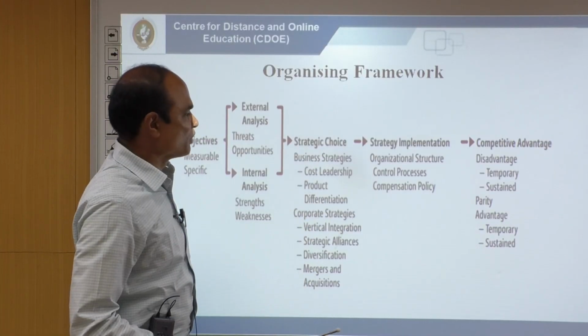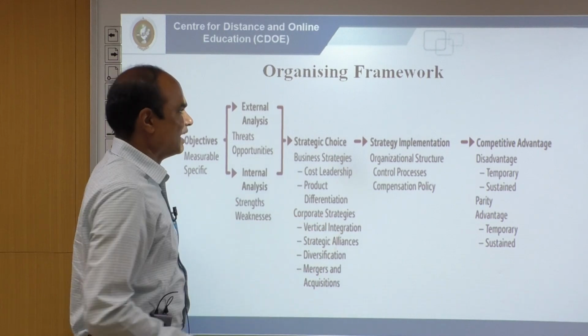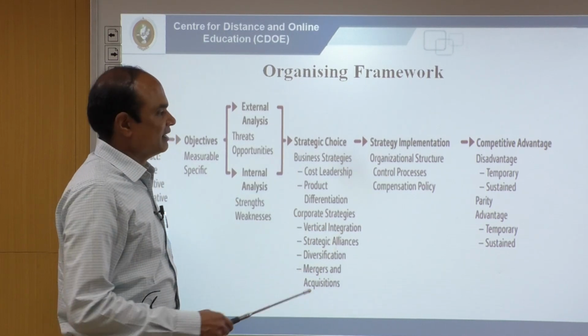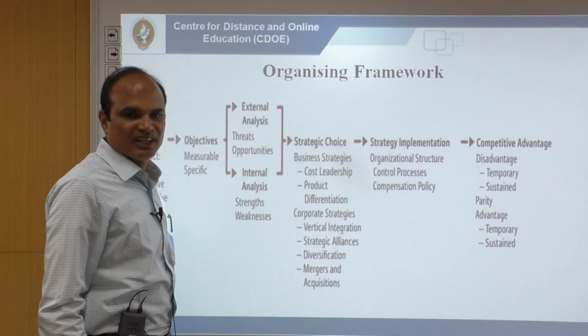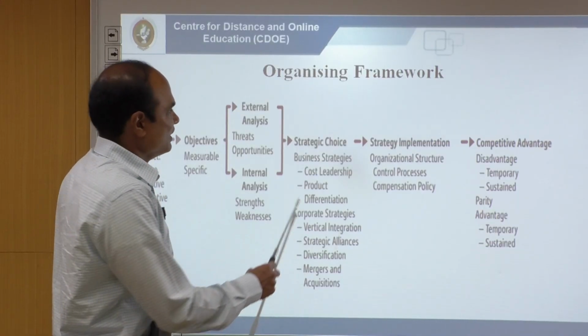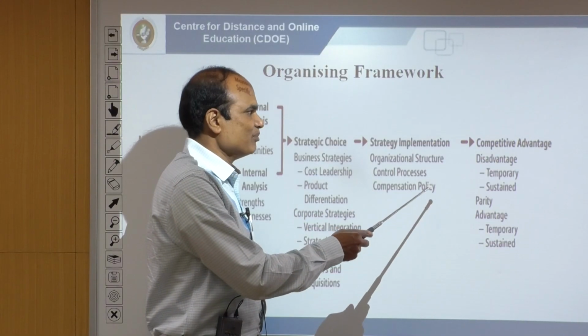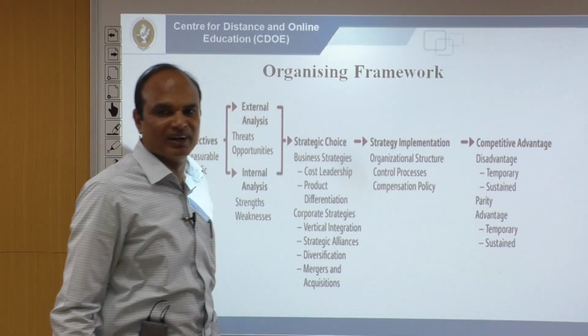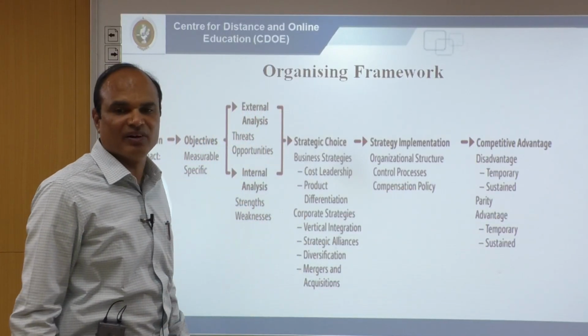Then what control processes would the company like to implement? Then the compensation policy of the organization. These strategic choices and strategy implementation lead to competitive advantage.